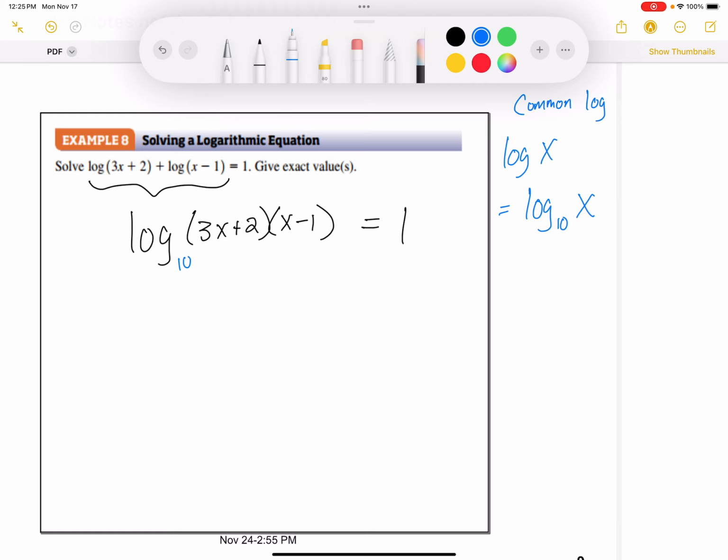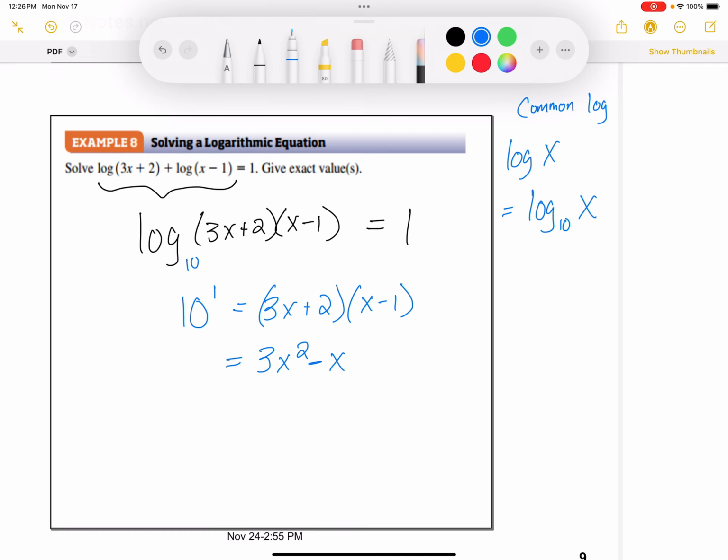So this right here becomes 10 to the first power equals 3x plus 2 times x minus 1. That's 3x squared. That'd be 2x and negative 3x, so that's negative x, and then negative 2, and that's equal to 10.